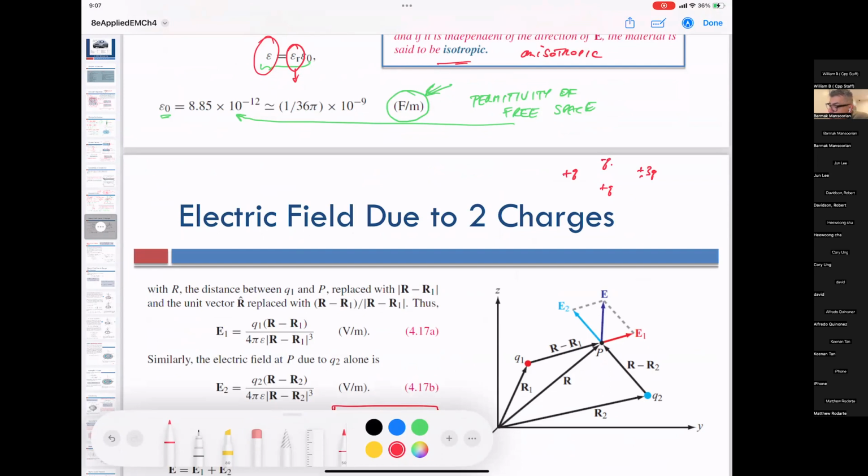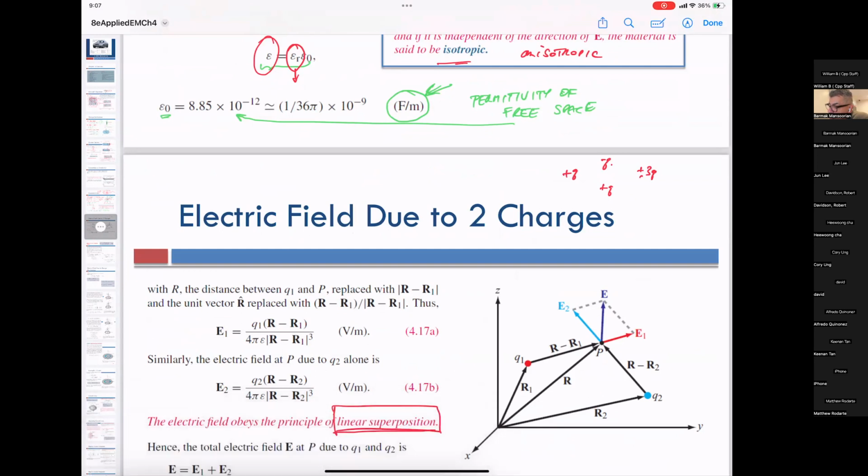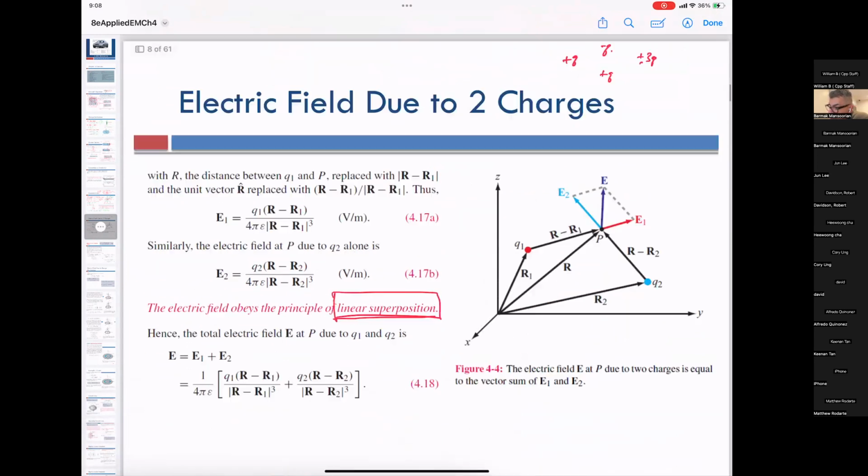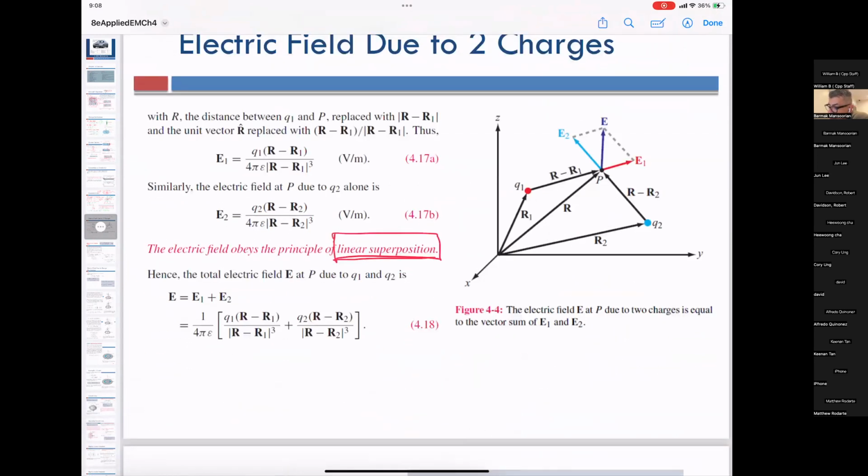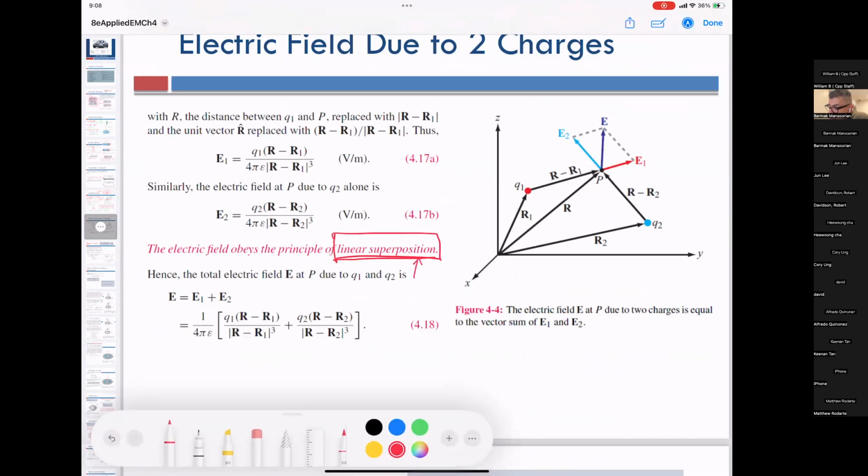To calculate the total electric field, you'd calculate the electric field for each one of those charges and sum them because of this linear superposition. So you'd sum the vector fields and get the total electric field caused by all these different charges all over space.